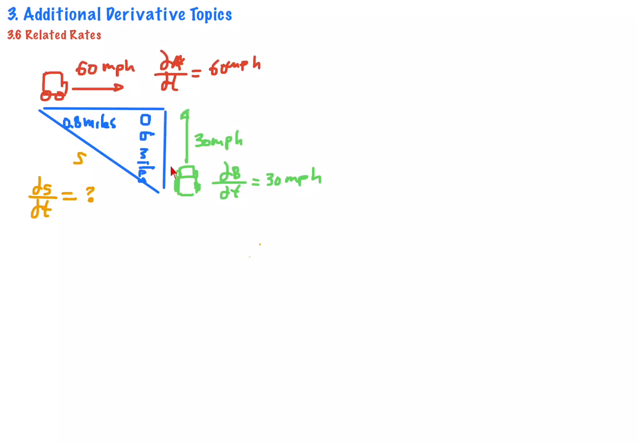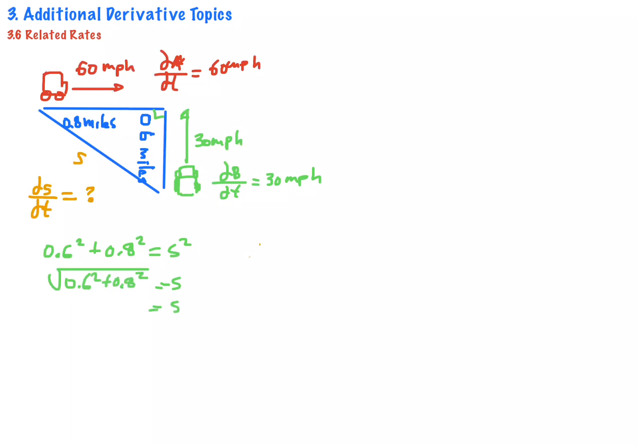Okay, so you have 0.8 miles, you have 0.6 miles. It means that at this particular time they are separated by, let's take a look, since this is the intersection and it's perpendicular, then we can just put 0.6 squared plus 0.8 squared equals s squared, and we'll get s equal to the square root of 0.6 squared plus 0.8 squared.